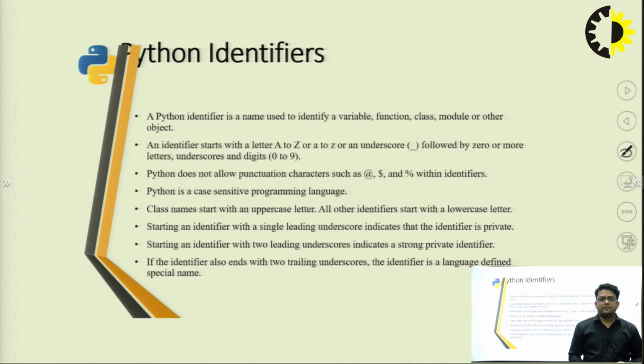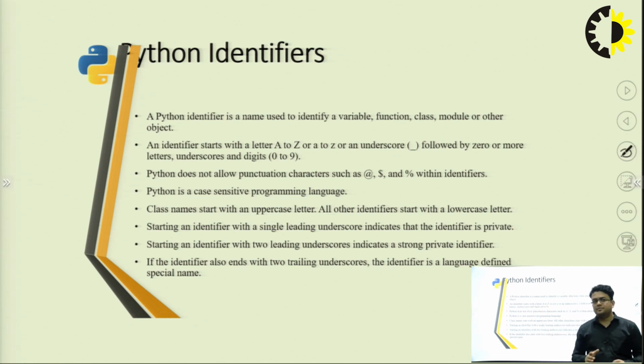We just need to remember these things, because otherwise if we take a random name in Python programming, that will become an error. So these are the few rules. First, an identifier starts with a letter, either A to Z, capital or small, or an underscore, followed by zero or more letters and digits.